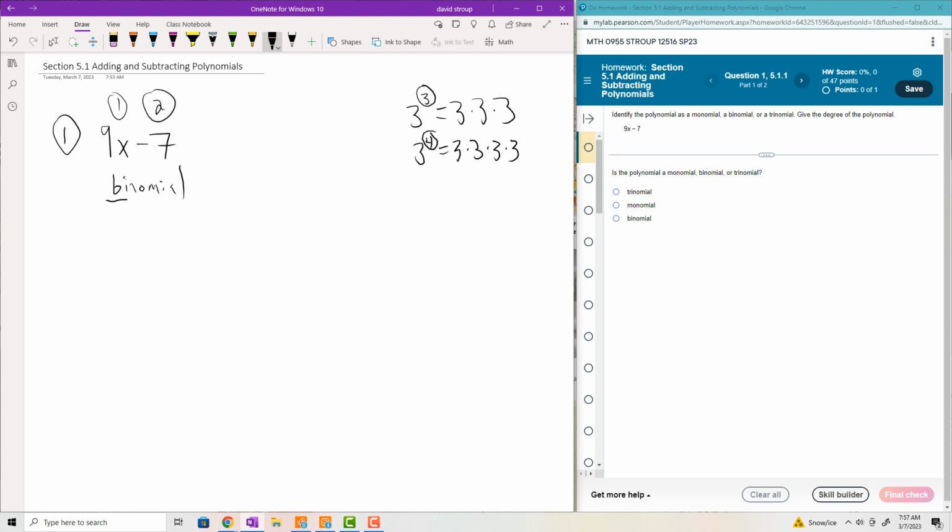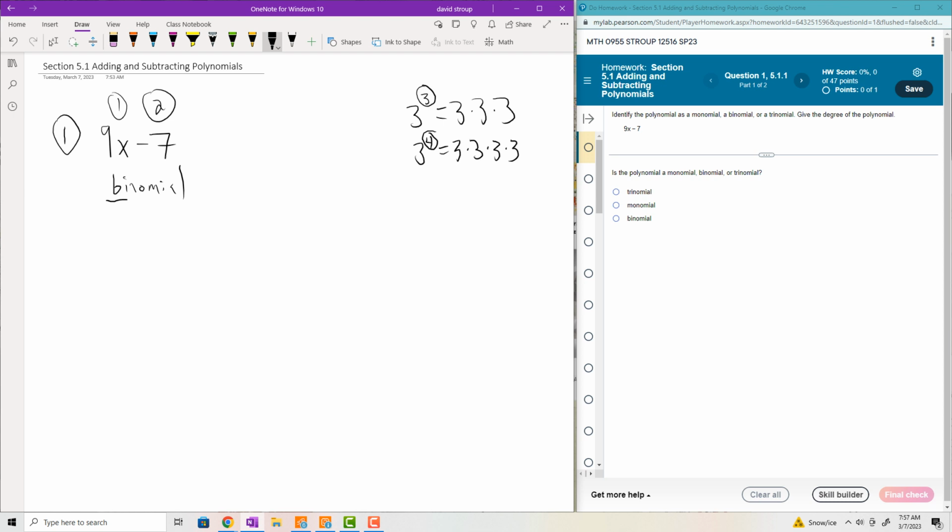This number in the sky above the 3, the number 4, is called the exponent, and it's a shorthand way of doing repeated multiplication. So if you have 3 to the 4th, that just means to multiply 3 by itself 4 times.